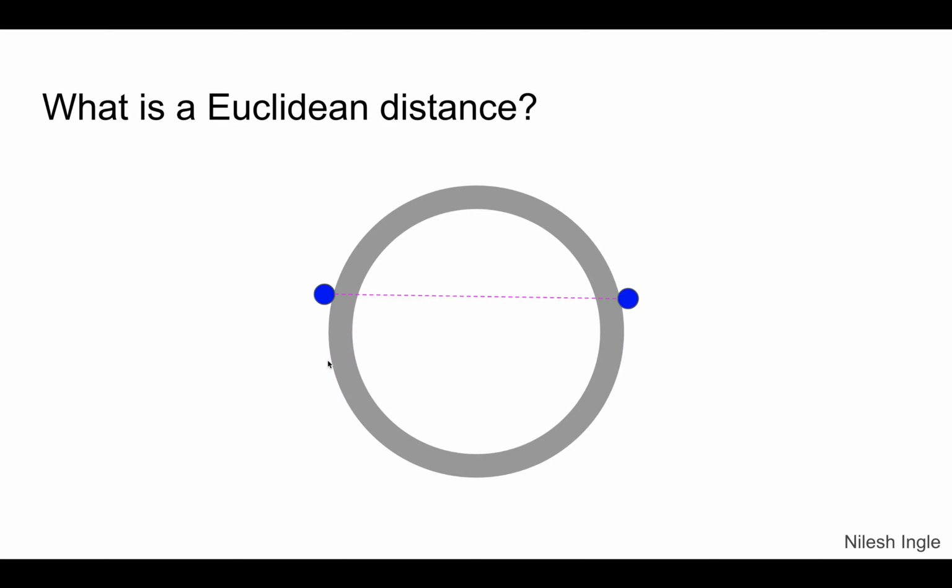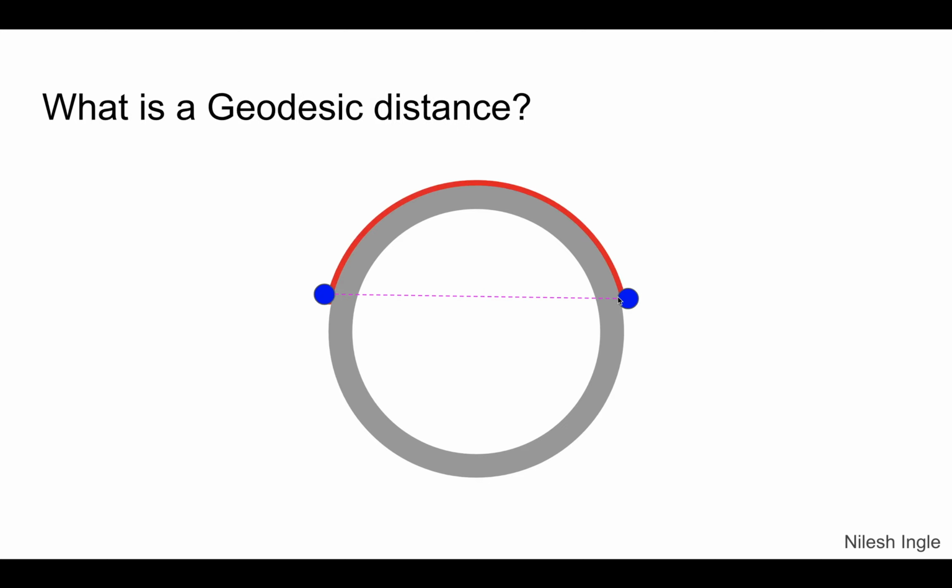So as you probably already know, Euclidean distance is just a straight distance between these points. Suppose we have this circle and we have these 2 points in blue. If we want to find the Euclidean distance, it would be denoted by this dotted magenta line. Now there is something called a geodesic distance.